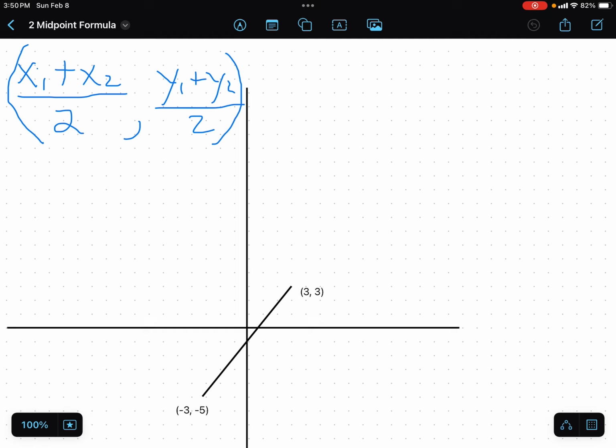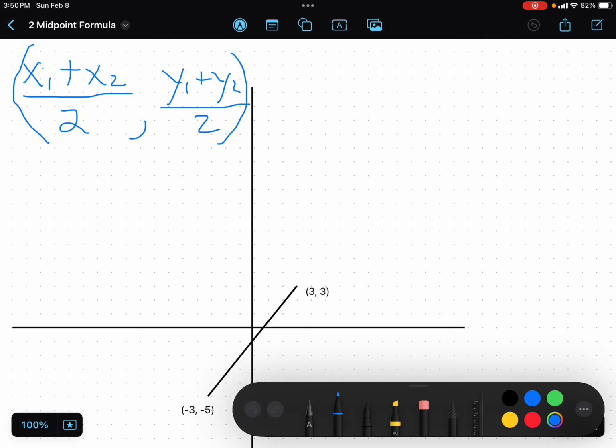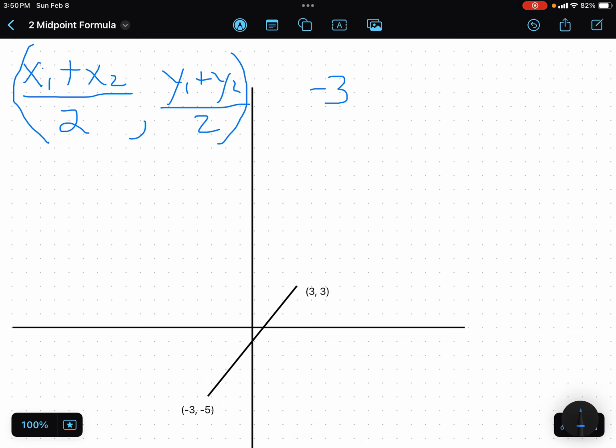So we're going to do negative, whoops, excuse me, let me get my pen going here. We're going to do negative 3 plus 3 divided by 2. That's the x's. And then we will do negative 5 plus 3 divided by 2.